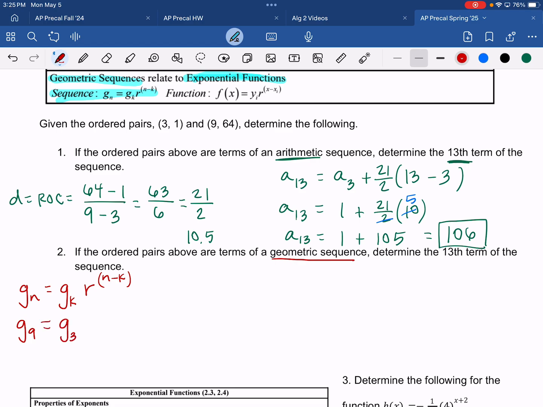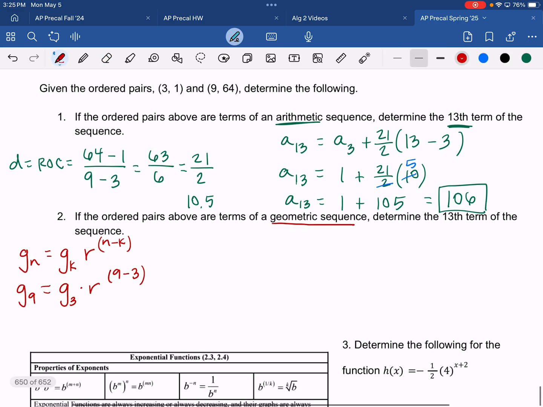It came from the 3rd term times the ratio to the 9 minus 3 power. So 64 came from, the 3rd term was 1 times the common ratio 6 times.